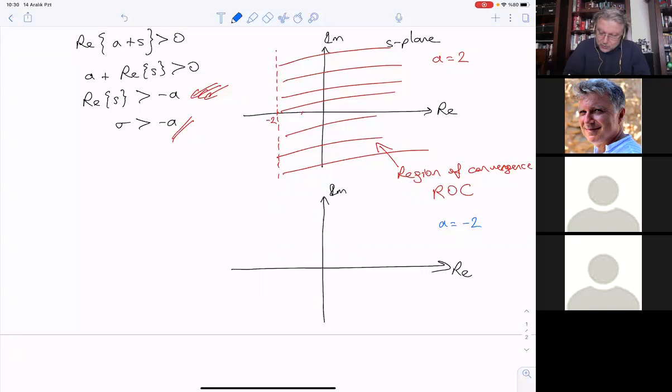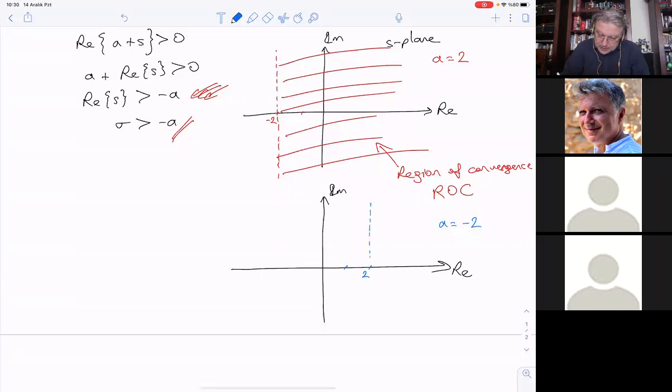So where is a minus a point? a equal to minus 2 corresponds to minus a being 2, like this point. And the region of convergence is real part of s greater than minus a, greater than 2, in other words.